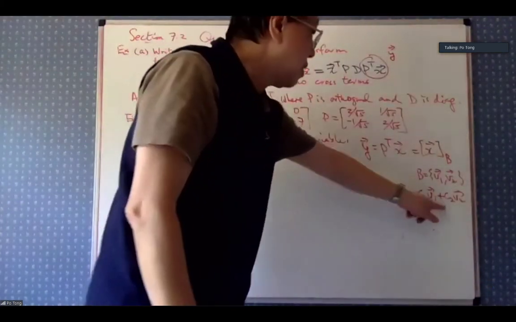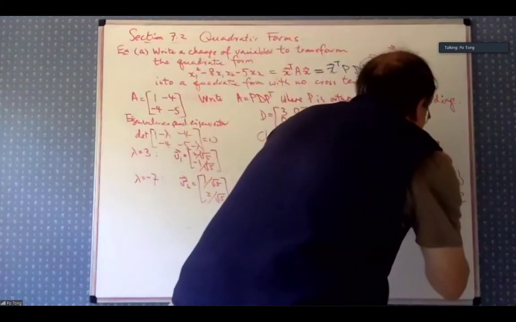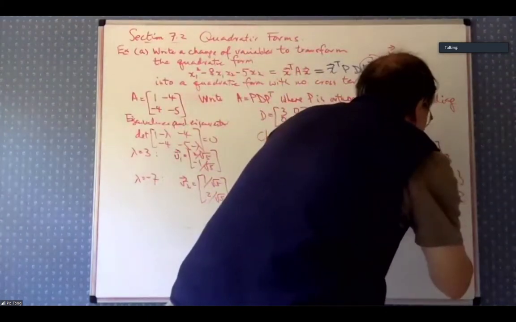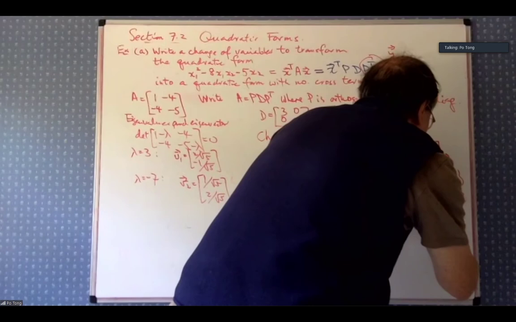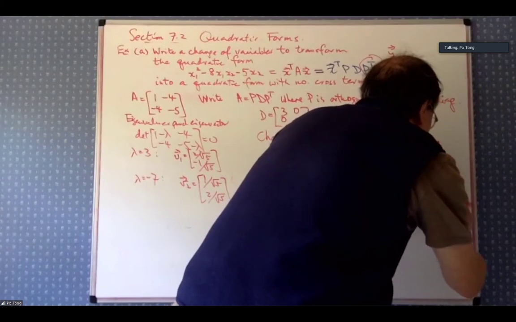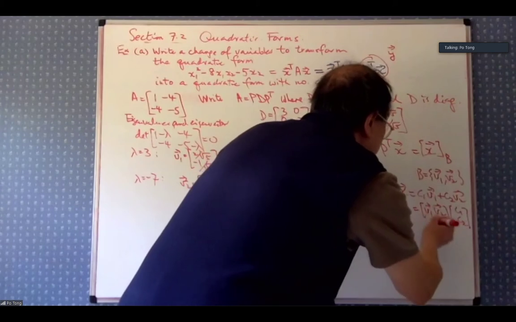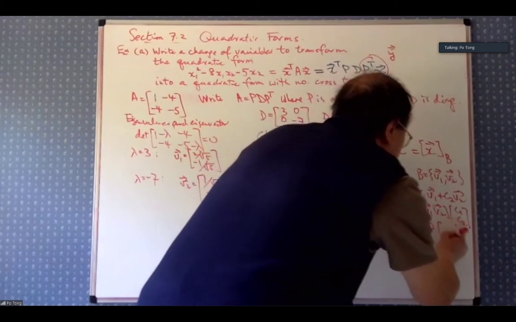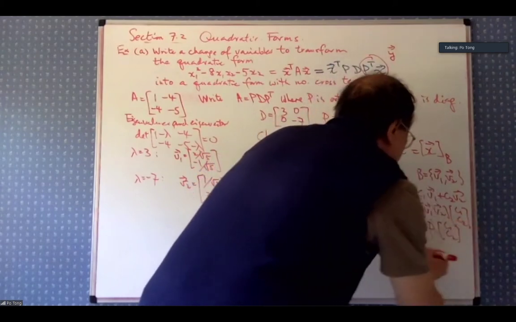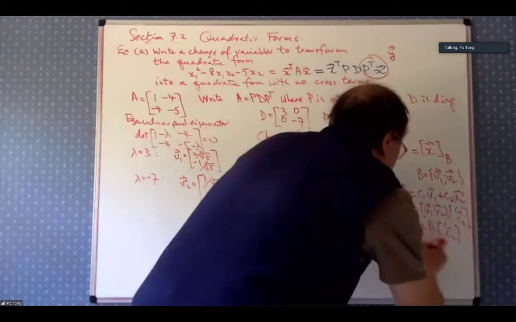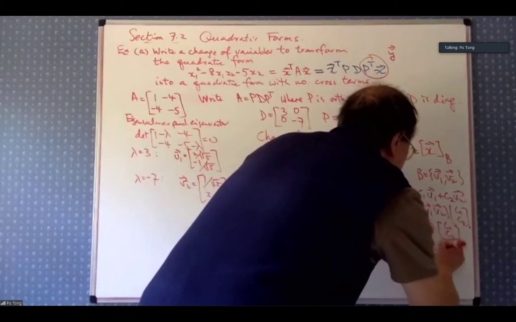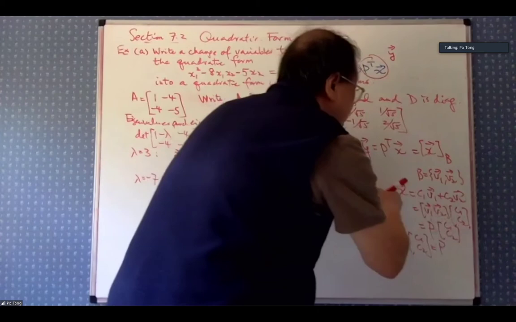That combination is v1, v2 times c1, c2, and this is P. So your c1, c2 is going to be P inverse, but P inverse is P transpose.